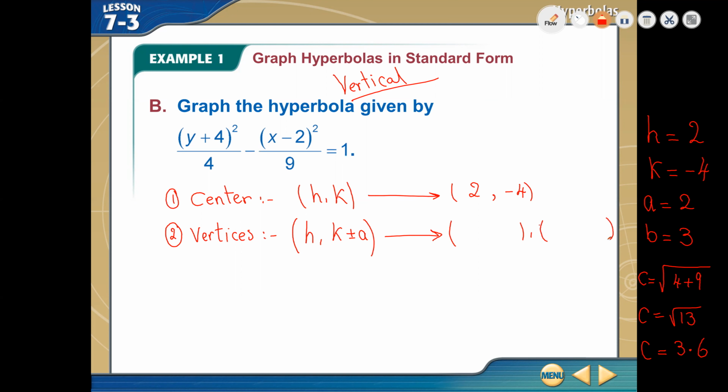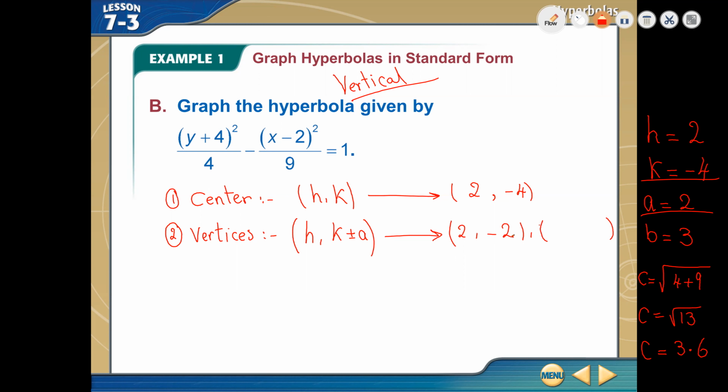So it's equal to 2 and... you take the center. No. You have here k plus a. So k plus a: -4 plus 2. Okay, -4 plus 2 is -2.